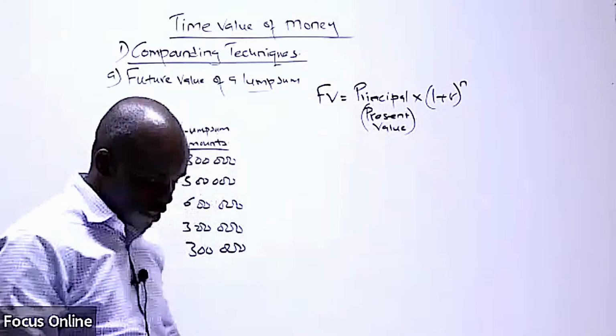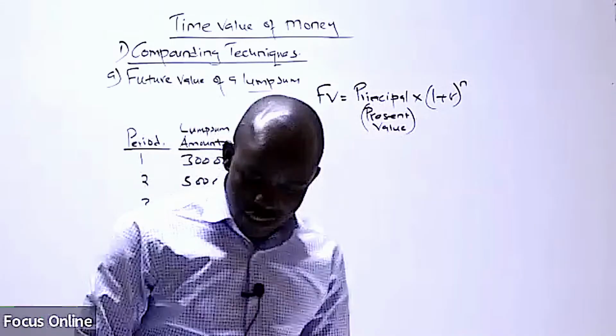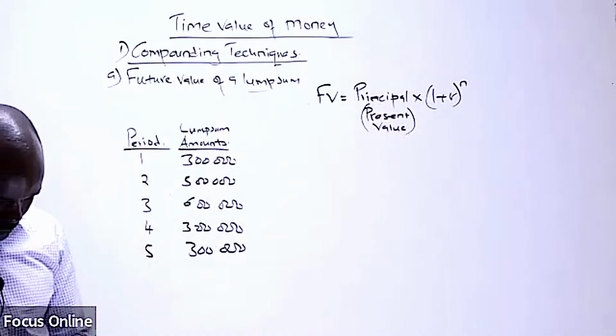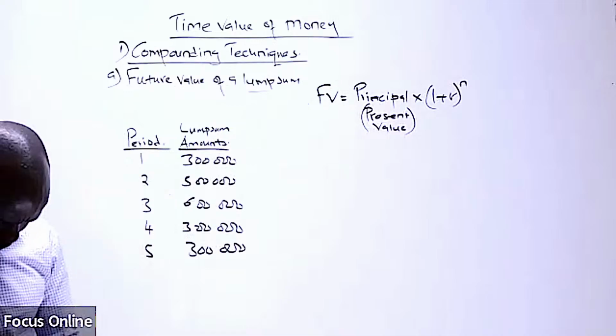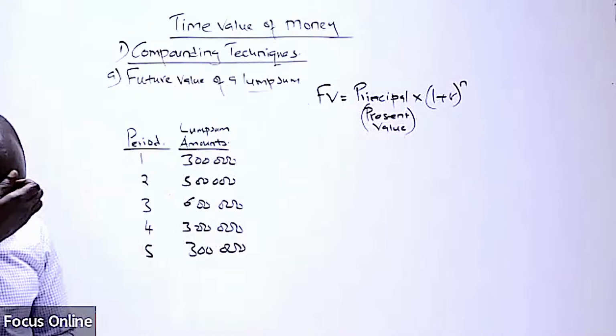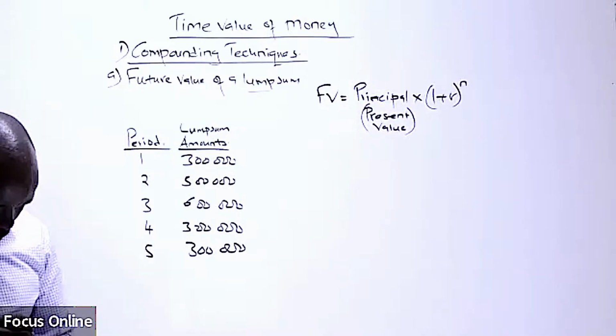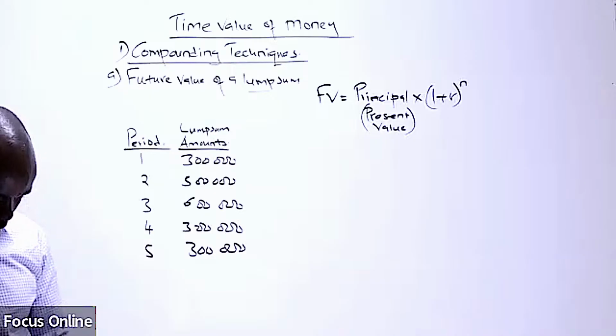Let's see what we have in the handout. Future value of a lump sum should be there.